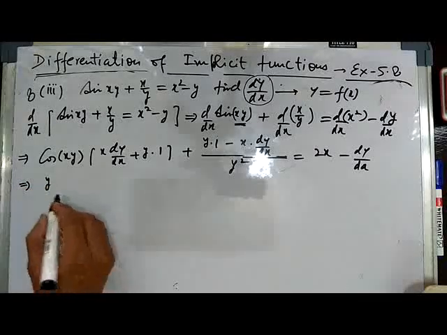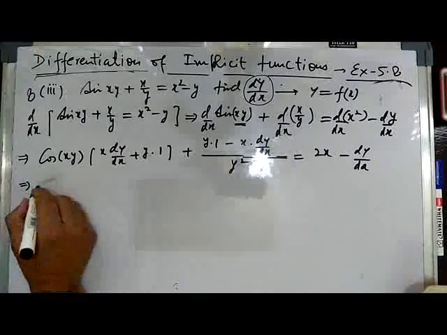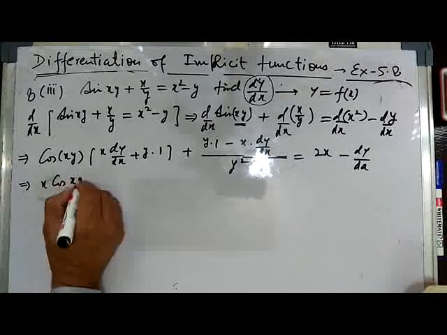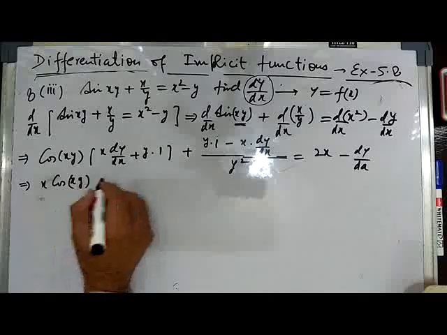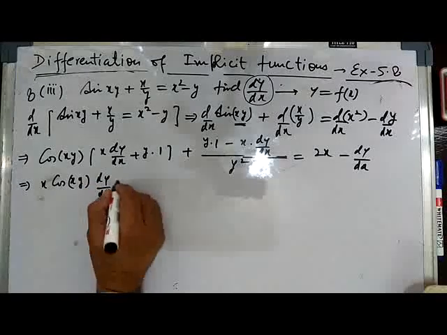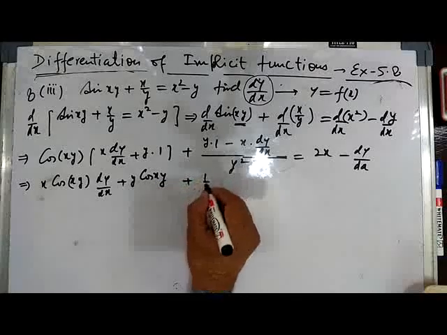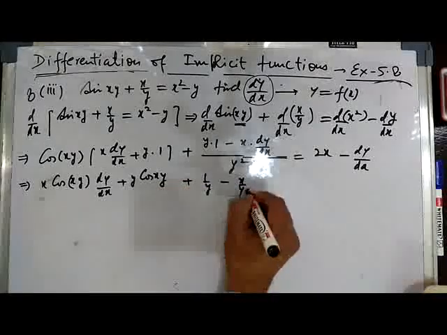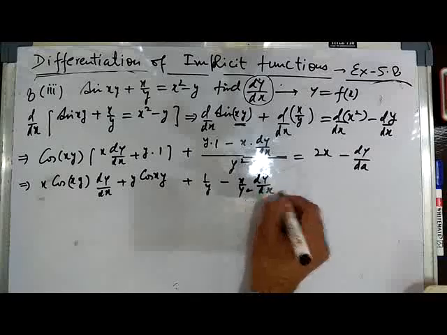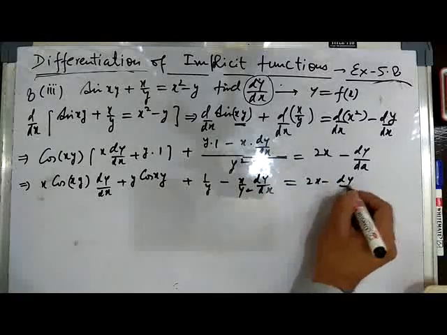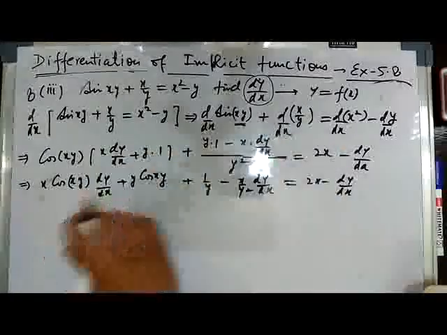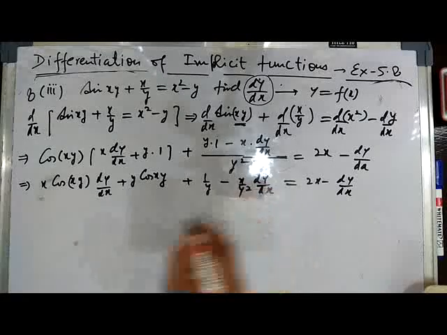x cos xy dy/dx, y cos xy, plus 1 upon y, x upon y square dy/dx, equals 2x minus dy/dx. Now bring all the dy/dx terms on this side.